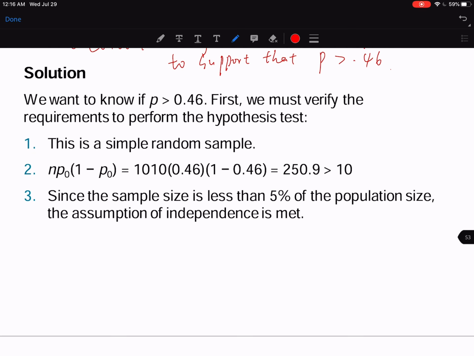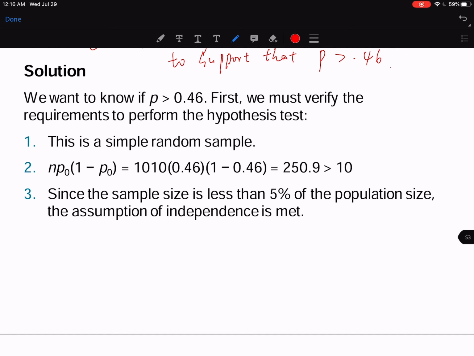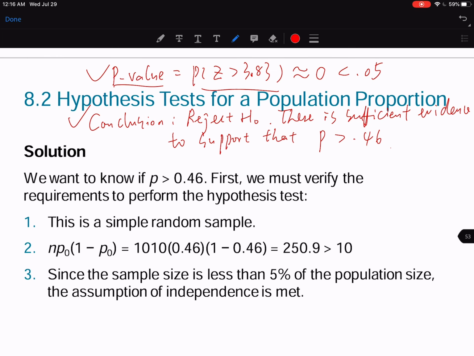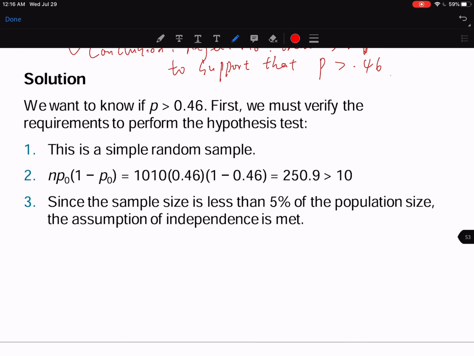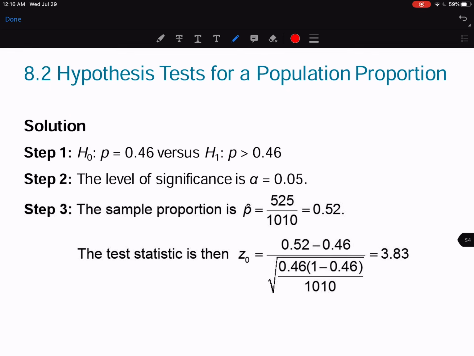And let's take a look at the solution here. That's pretty much the same thing as what we got above. Technically, we check those 3 conditions, but we don't have to in this class, so we just skip it because they're always satisfied. So first of all, the null and alternative: P is equal to 0.46, and then P is greater than 0.46. This is a right tail test. And then alpha is 0.05.